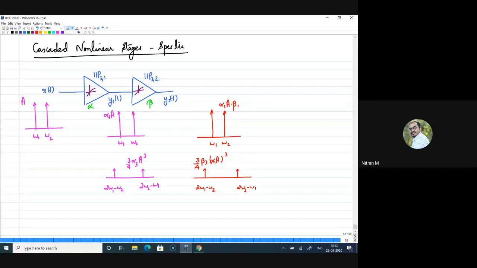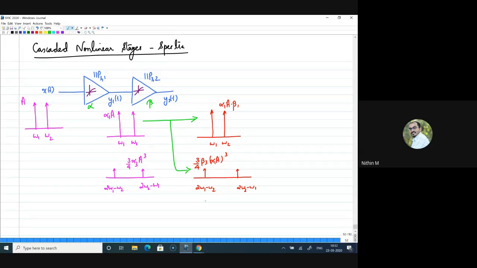Now, these terms come directly from this. So when you have input alpha 1, you have directly one fundamental, and from this you are getting this intermodulation term.